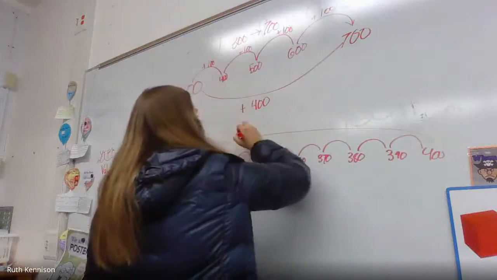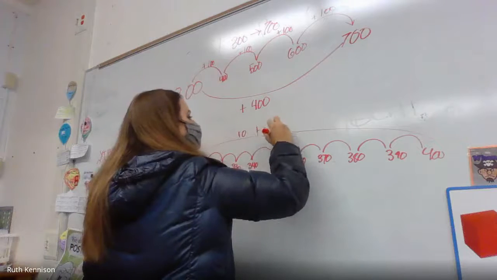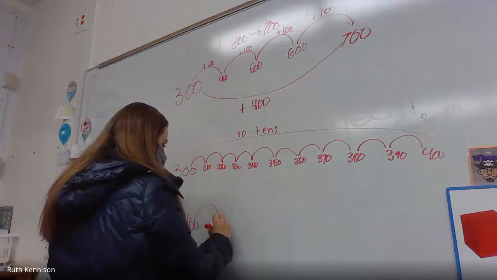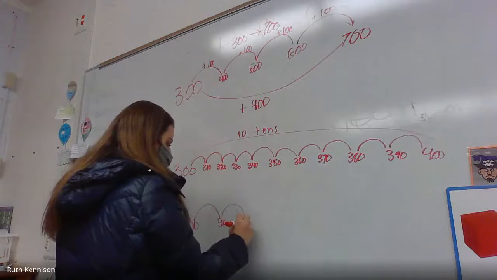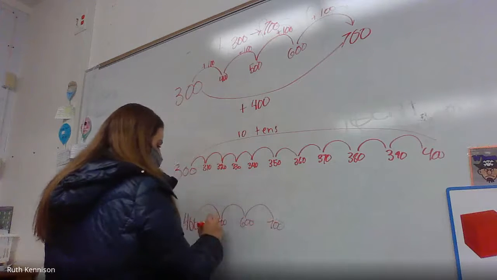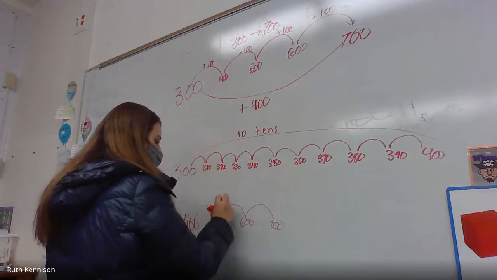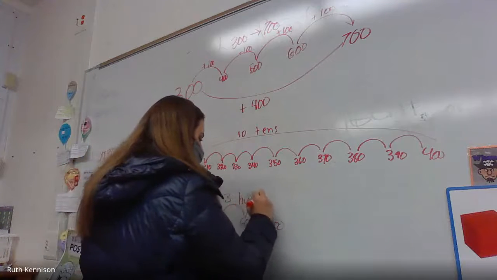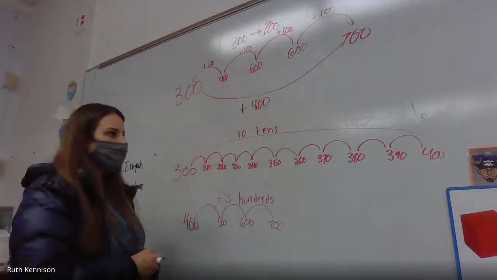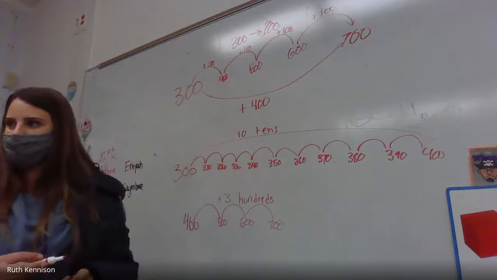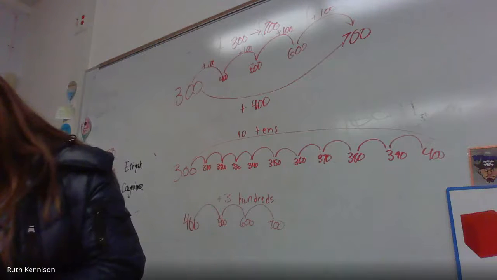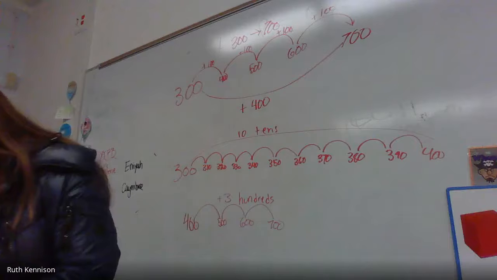That is 10 tens, and then 400 to 500, 500 to 600, 600 to 700, three 100s. Okay? But it did say you could do it however you wanted. That would probably be the easiest, to count by tens and count by hundreds. Draw those pictures.